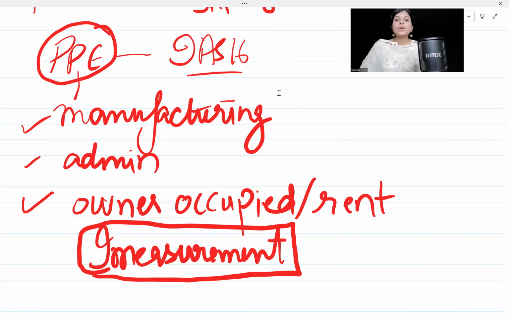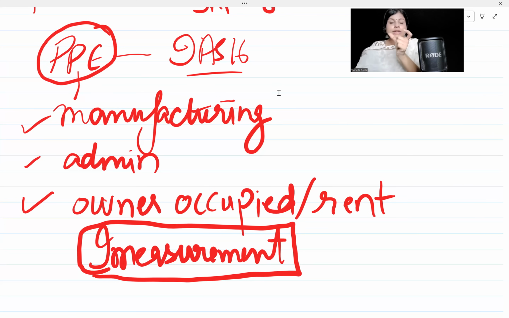I use the word asset. That definition comes from the conceptual framework, where they say that an asset is an economic resource due to a past event, and that is something that you control.